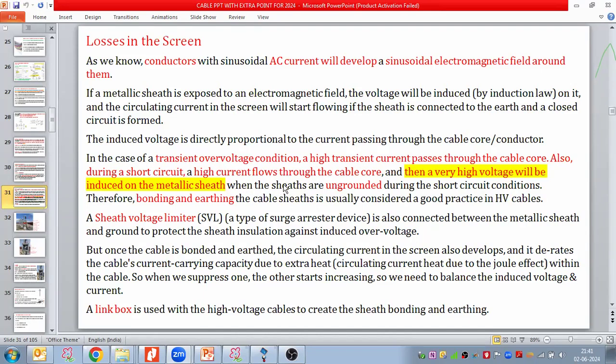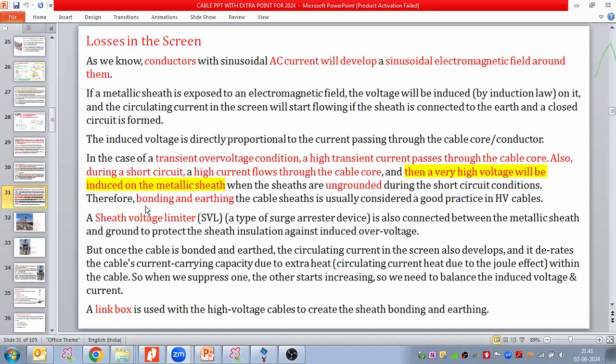When the sheath is ungrounded, a high voltage is induced, during short circuit conditions and during normal conditions as well. But during short circuit conditions, this induced voltage would be very much higher.